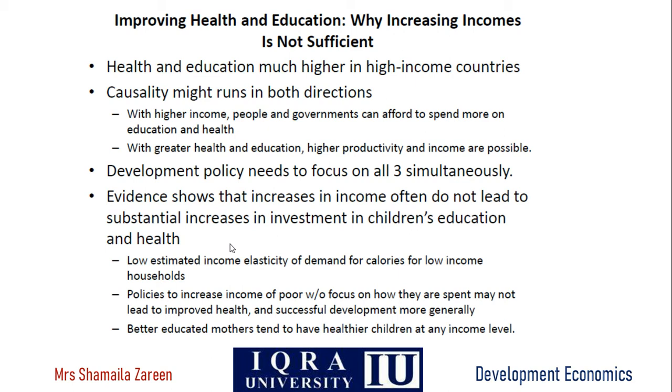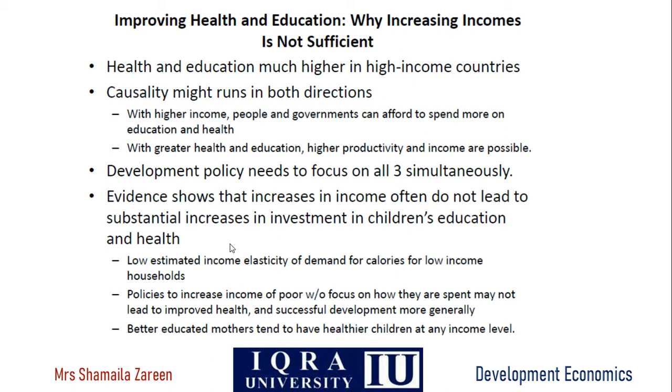Whenever we talk about improving health and education, we have one question in mind: why is increasing investment not sufficient? It means the people have income but they do not have good health and education. If that is so, it means health and education would be much higher in high income nations.